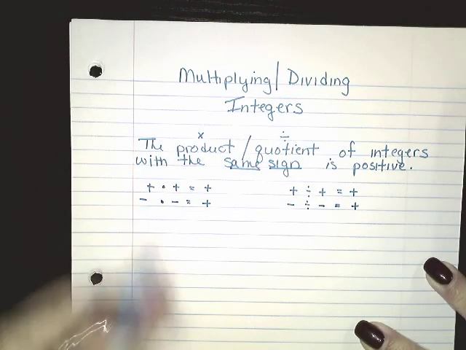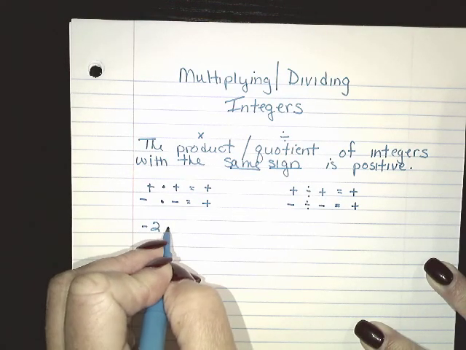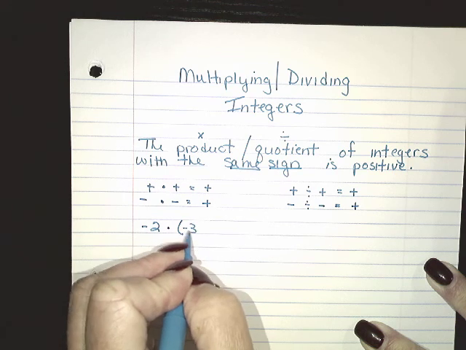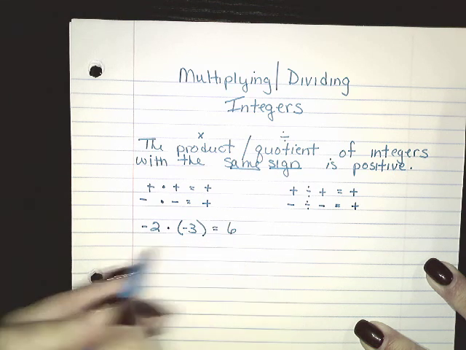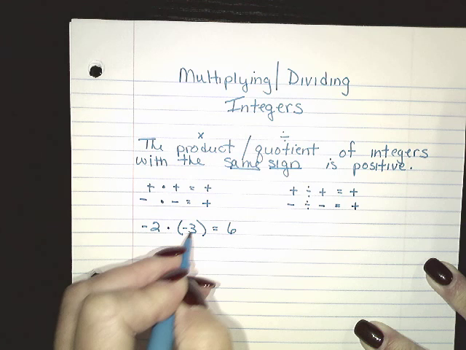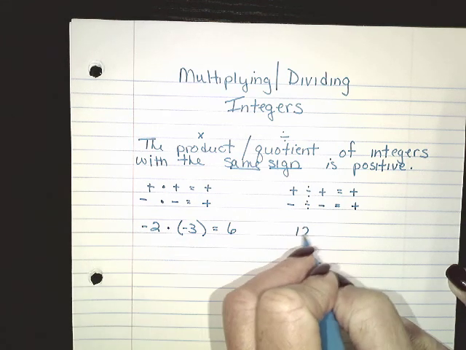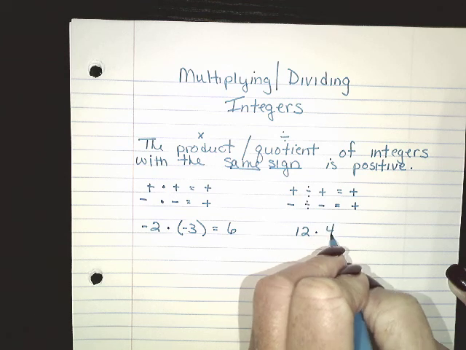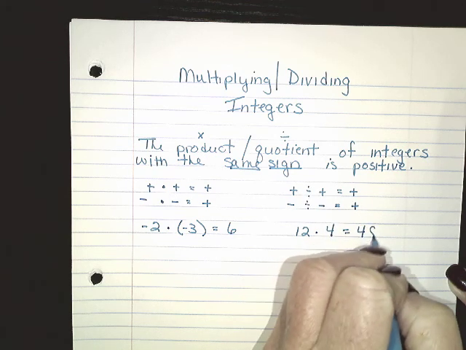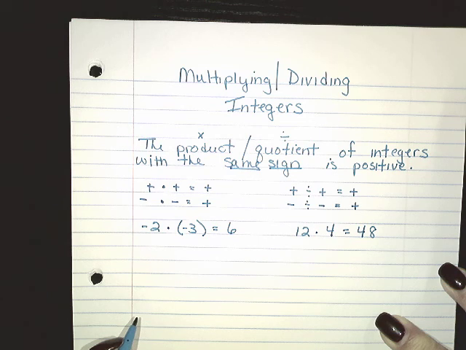So for some examples today, we have -2 times -3, and that's going to equal a +6. They're both the same sign. And then we're going to have 12 times 4 is also going to equal a positive, and that's a +48.